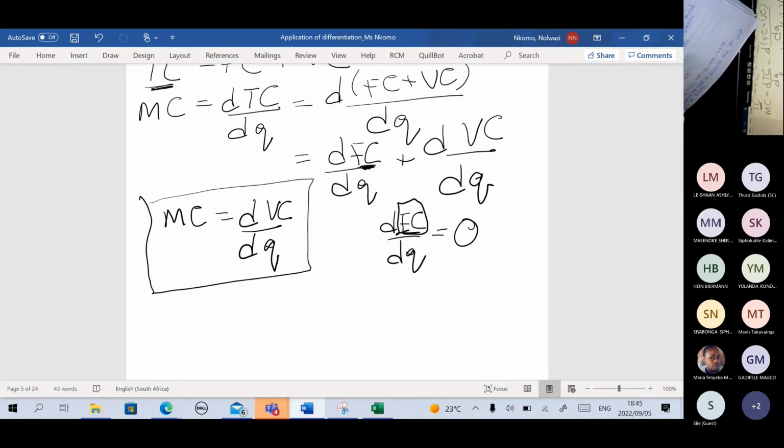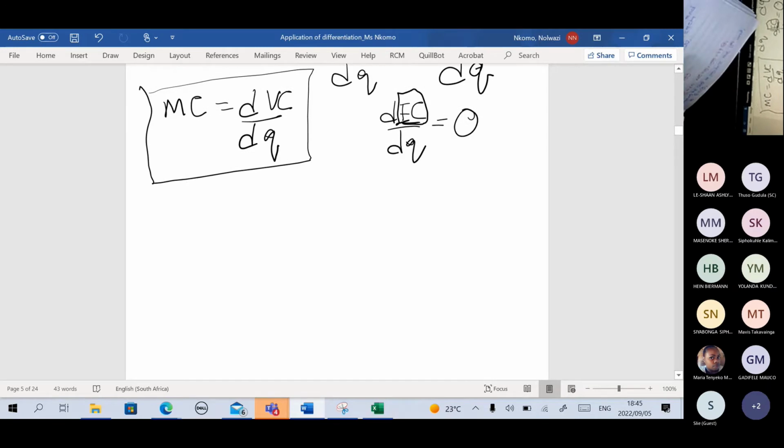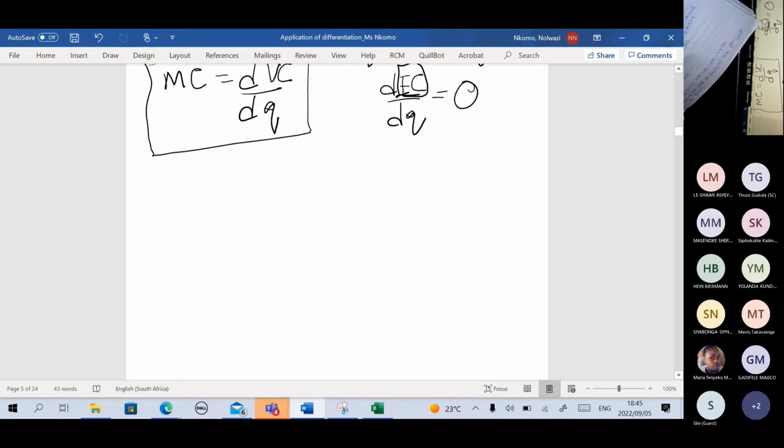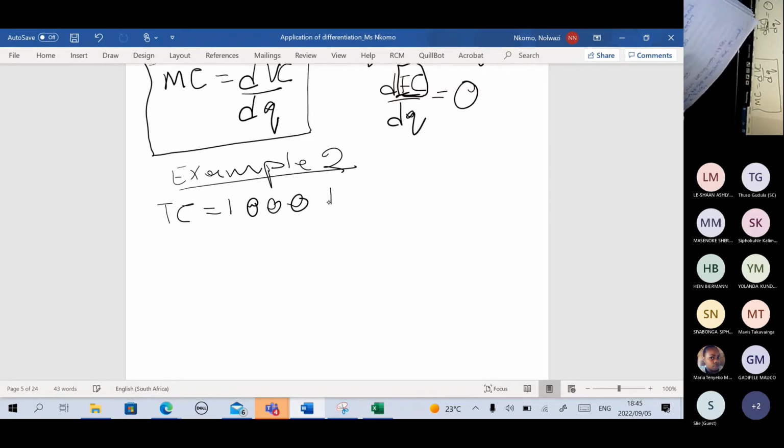So this means we'll differentiate the variable cost with respect to Q. Okay, for example, let's say we are given that the total cost is equal to 1,000 rand plus 35Q.